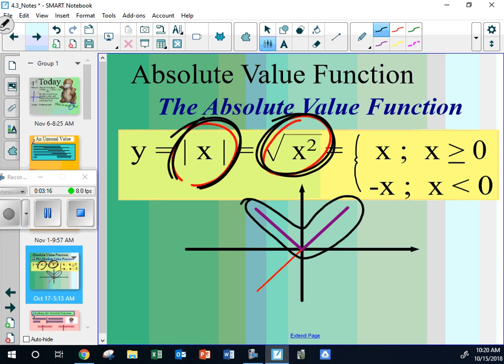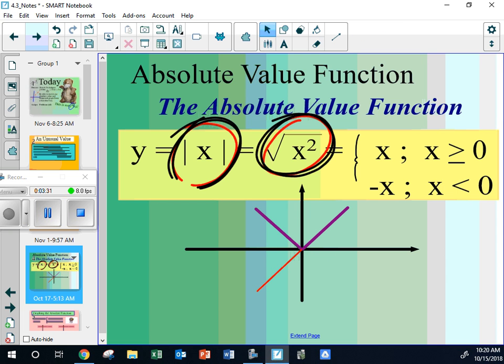Okay, now, what if I take an absolute value of some other function, though? Do you get that the line y equals x would have been right here? That's where y equals x would be. The line y equals x would be this blue line right here.